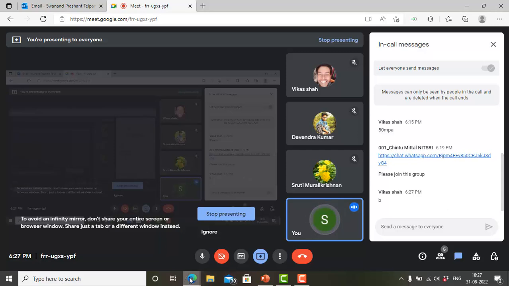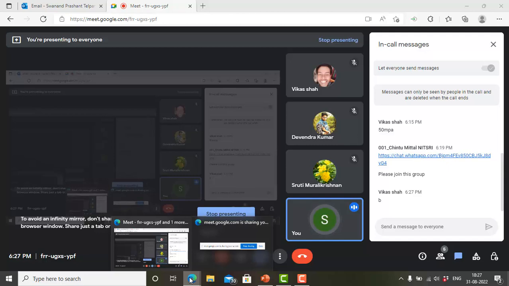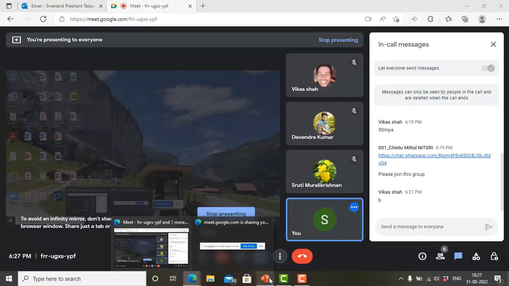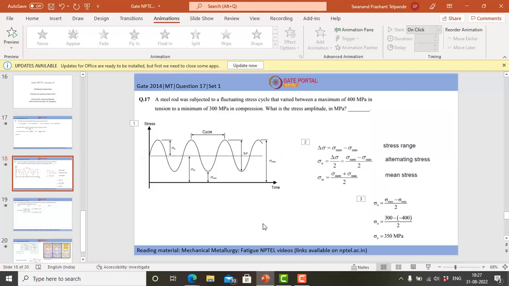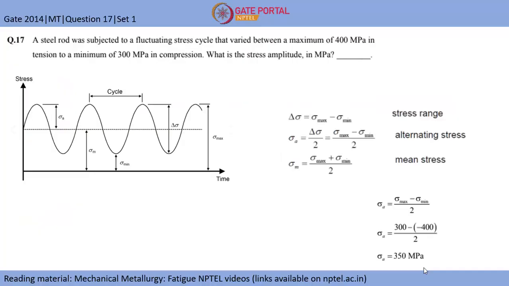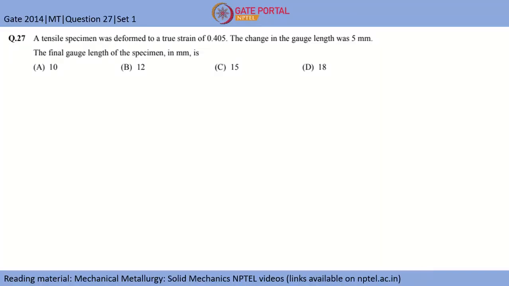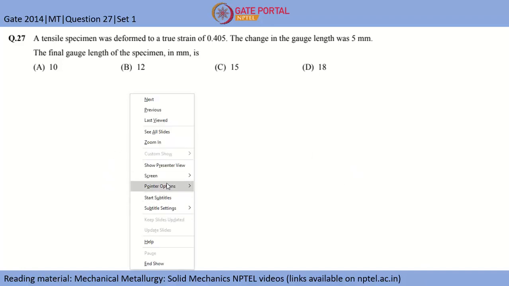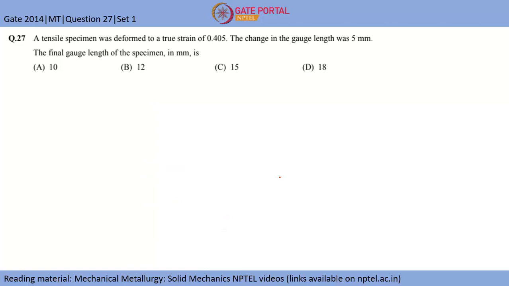We will go step-wise, like what the formula is and how we can solve it, before directly coming to the answer. This is question number 27, GATE Metallurgical Engineering 2014 question paper.